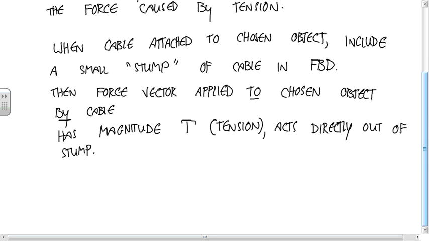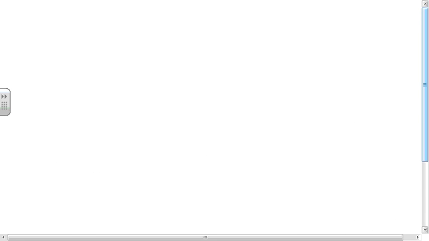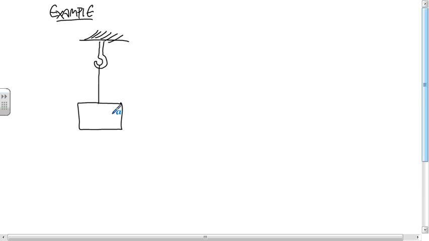So let me do an example. Say there's a hook attached to the ceiling, and hanging from the hook is a cable holding up a box. And the box has a mass of 10 kilograms.